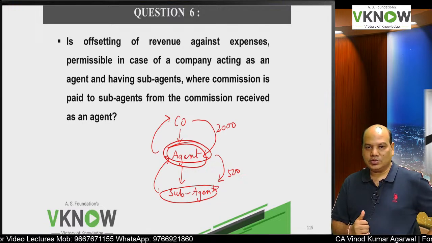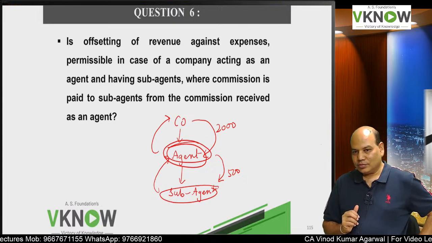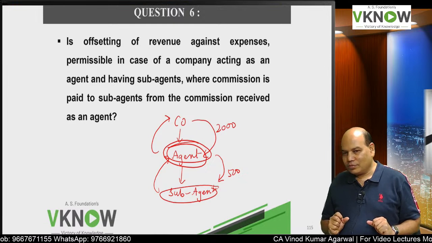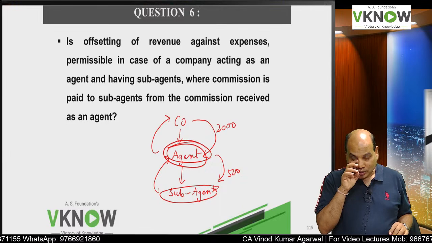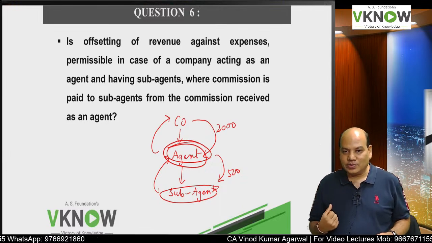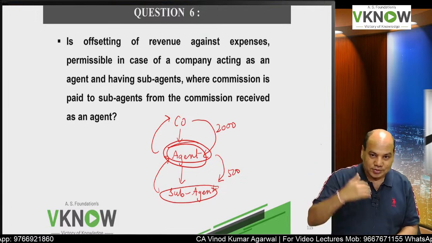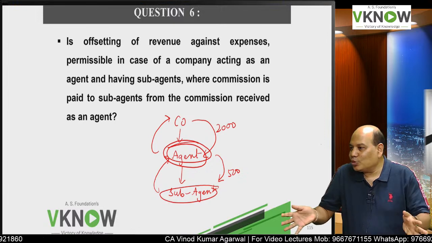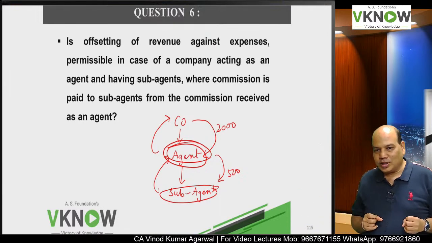In substance there are 2 very different transactions, 2 different operational activities you are doing. One is you are dealing with your subcontractor where you are like a principal, and second you are an agent to the main company. Amount is receivable and payable to different parties, different contracts you have entered with two parties.